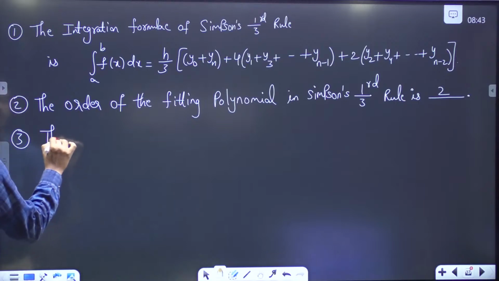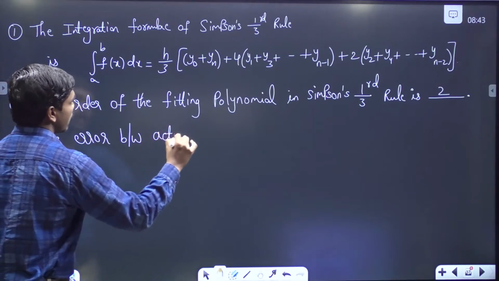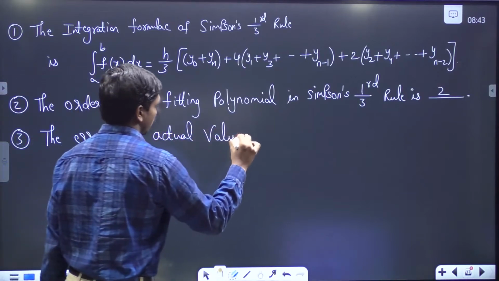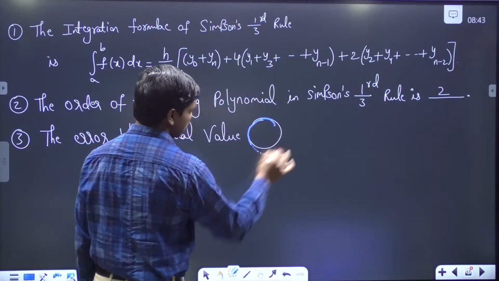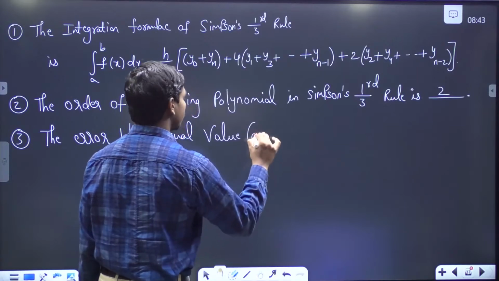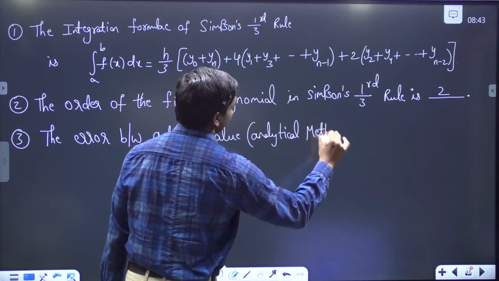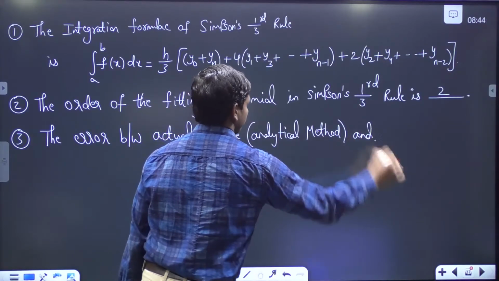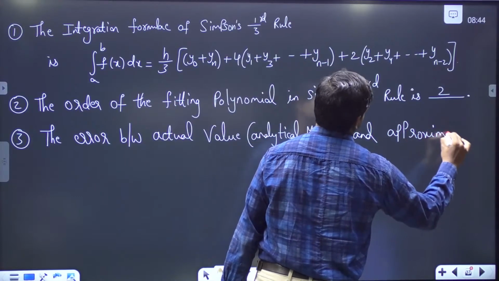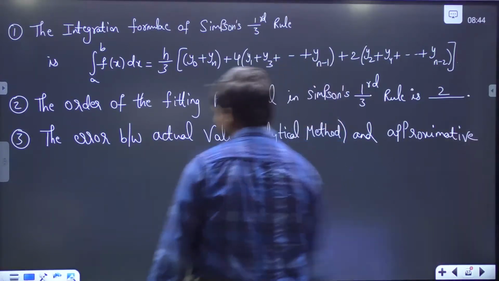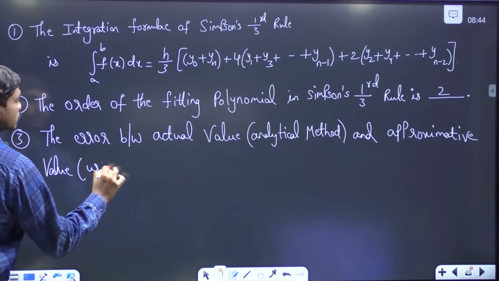Next, the error between the actual value and the approximate value. Actual value means how you will evaluate this using the analytical method. And how are you evaluating this approximate value? Using Simpson's 1/3 rule.